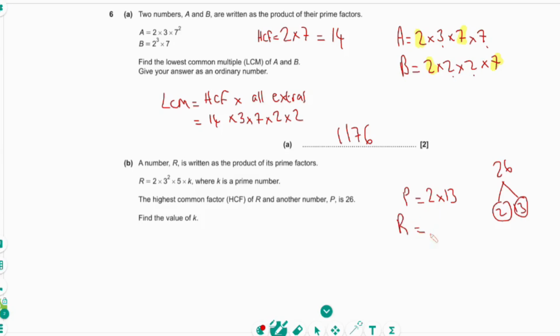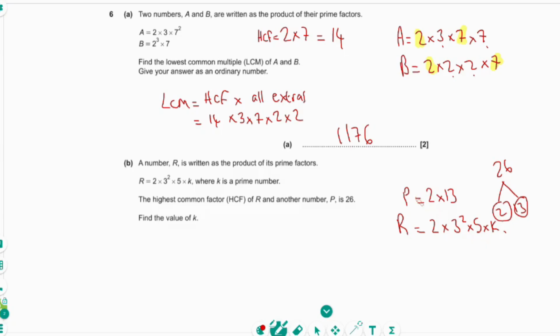So in the last example, we looked at the HCF.